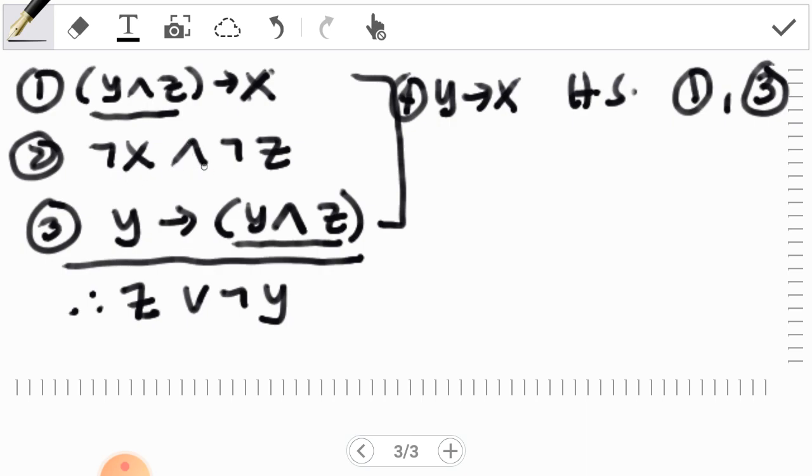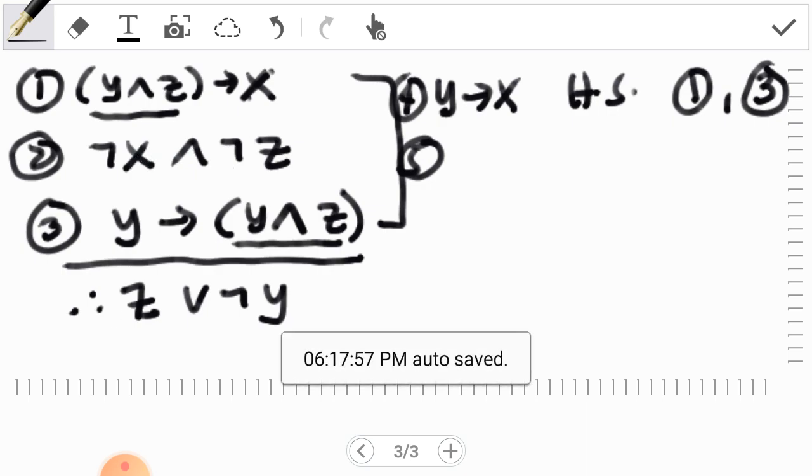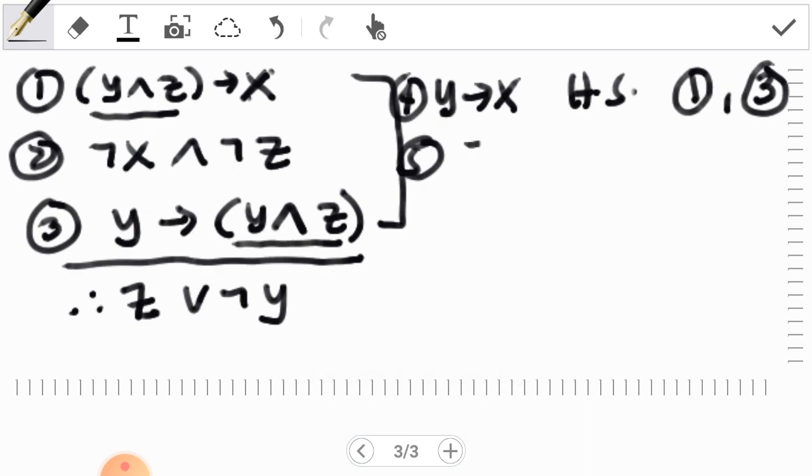This is an and. We can use simplification. So from number 2, go now to your simplification rule. Simplification rule states that P and Q, therefore P. Or, P and Q, therefore Q. So here we can have not X using simplification of line number 2.